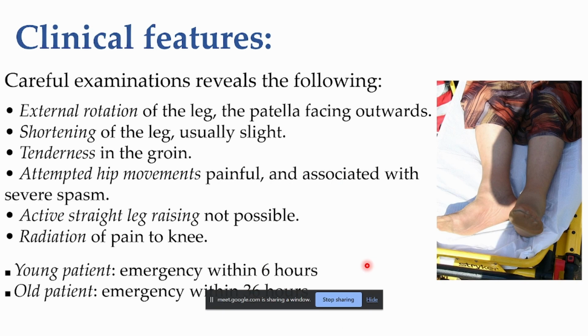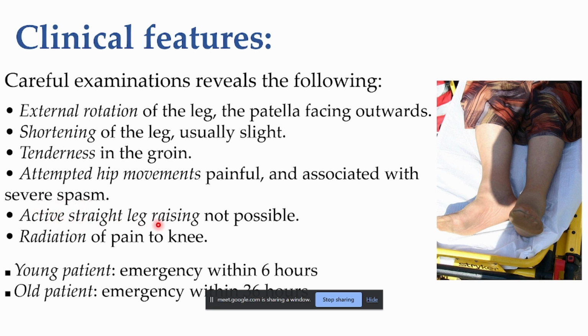Hello everyone. I will be talking about the clinical features of fracture of femur neck. If a patient comes with a fracture of femur neck, the leg will be externally rotated. There will be slight shortening of the leg and there will be tenderness in the groin. If the patient attempts hip movements, they will be painful and associated with severe spasm.